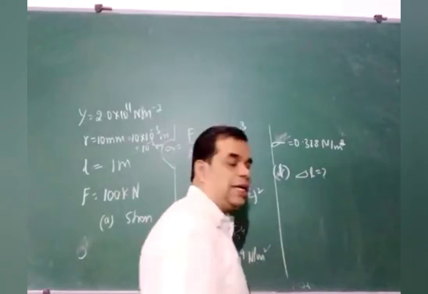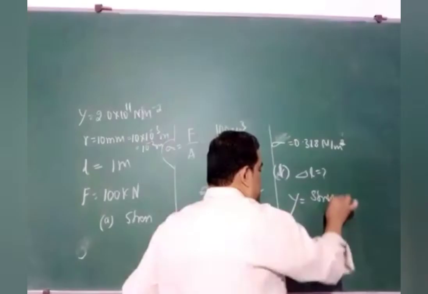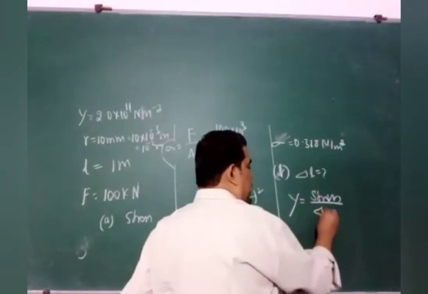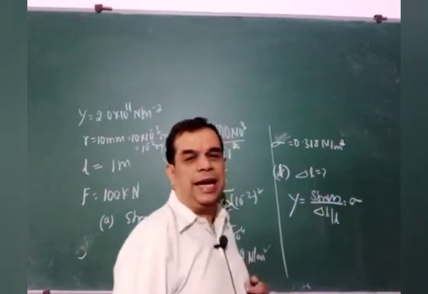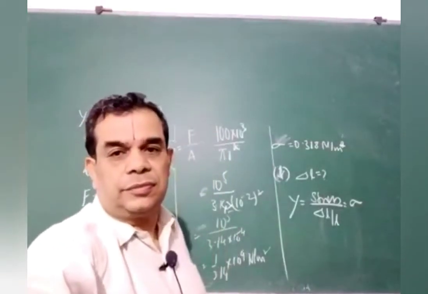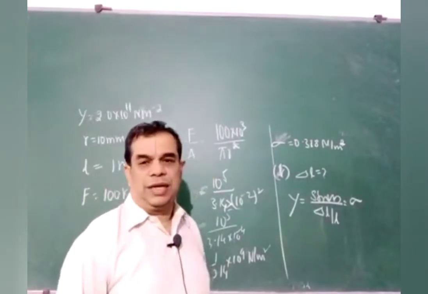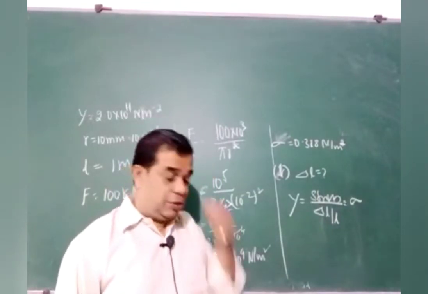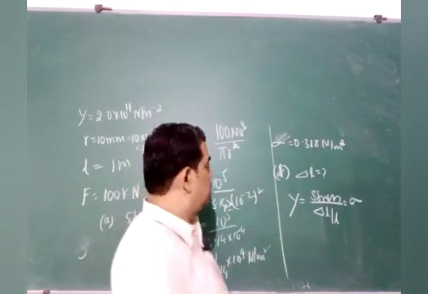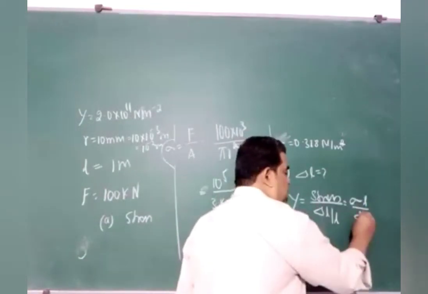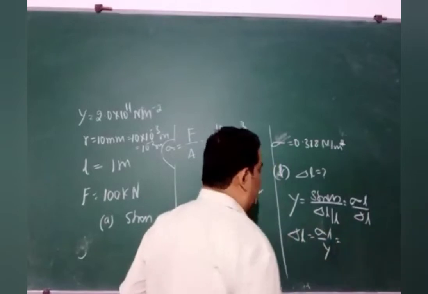To calculate delta L, I write the Young's modulus formula. Y is stress by strain, strain meaning delta L by L. We have 10 more minutes to go. We'll see, most probably we can conclude this and then start with the other numerical slightly. Y is sigma divided by delta L by L, so delta L can be written as sigma L by Y. Substitute everything.